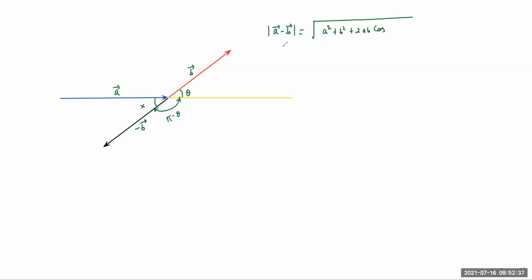Cos of 180 minus theta, the angle between these two vectors. And you know that cos of (180 minus theta) is minus cos theta. That is why, if you want to use the first formula, you need to realize that if I know the angle between A and B as theta, then the angle between A and minus B becomes pi minus theta in terms of vectors.